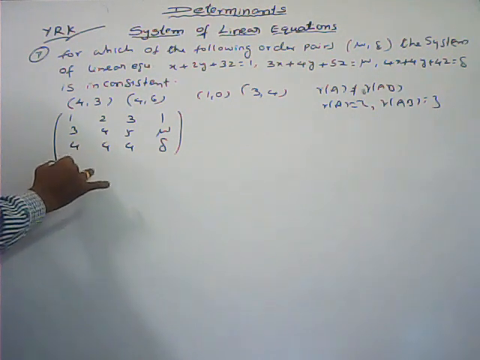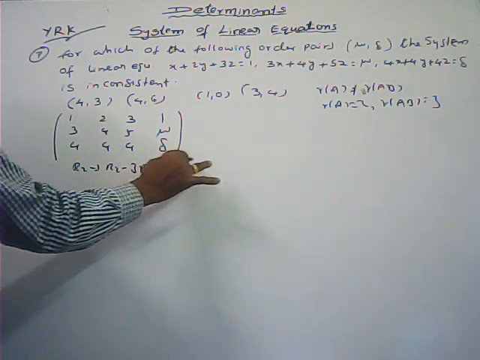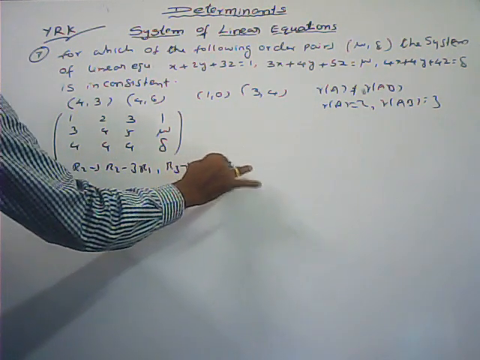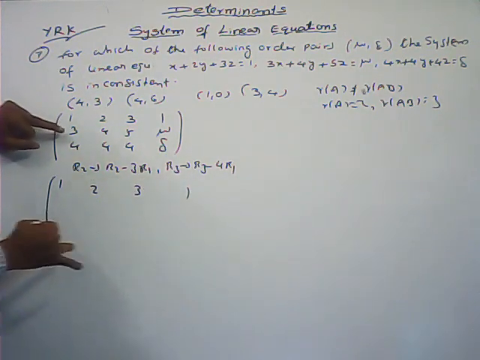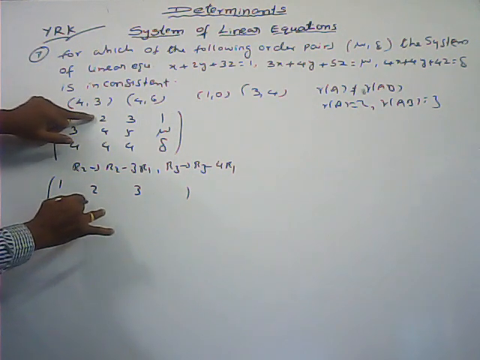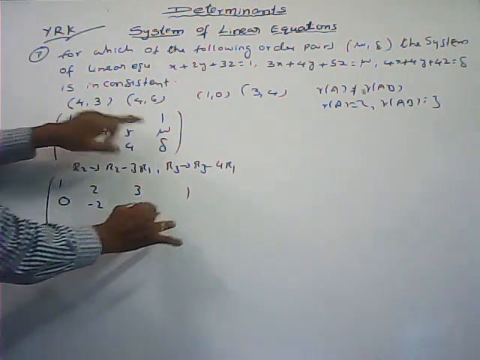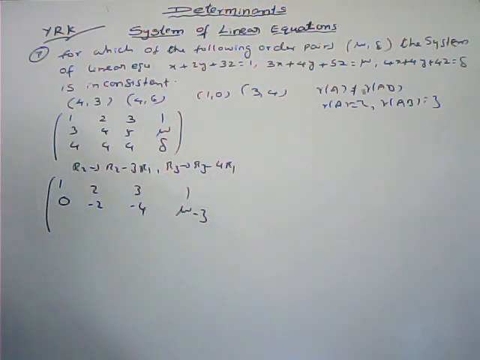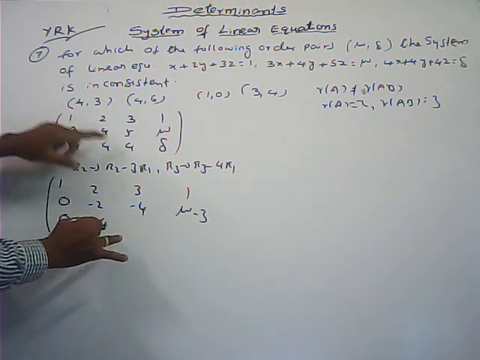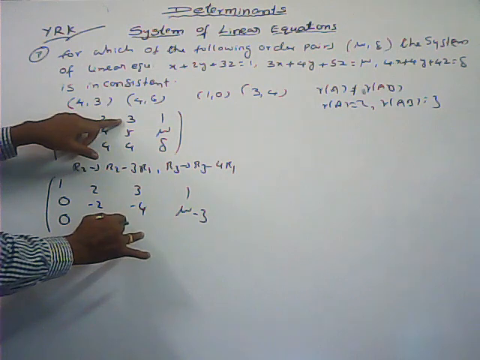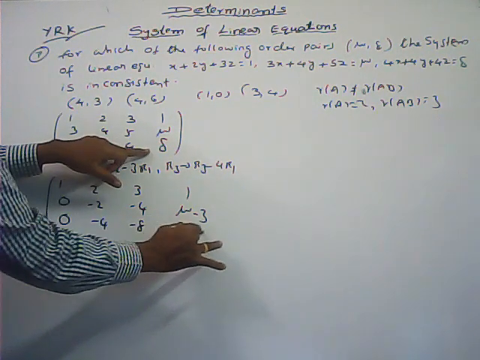So here what I am doing: R2 goes to R2 minus 3R1 and R3 goes to R3 minus 4R1. 1, 2, 3, 1. 3 minus 3, 0. 4 minus 6, minus 2. 5 minus 9, minus 4. mu minus 3. Next, R3 minus 4R1: 0, 4 minus 8, minus 4, 4 minus 12, lambda, delta minus 4.